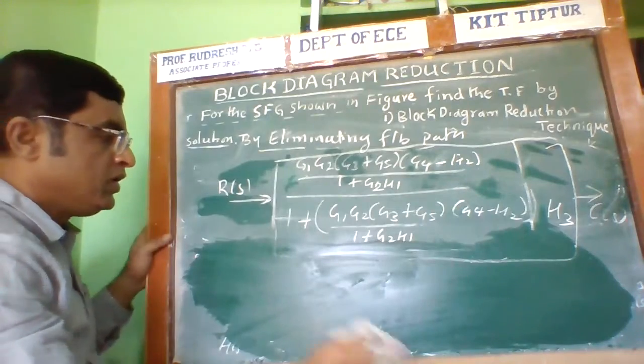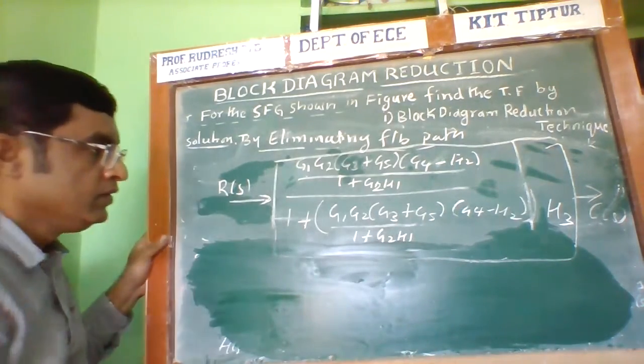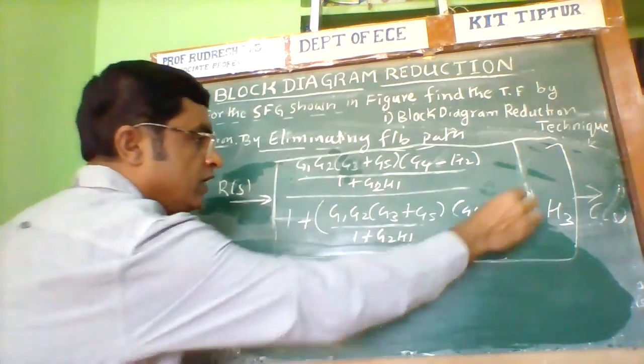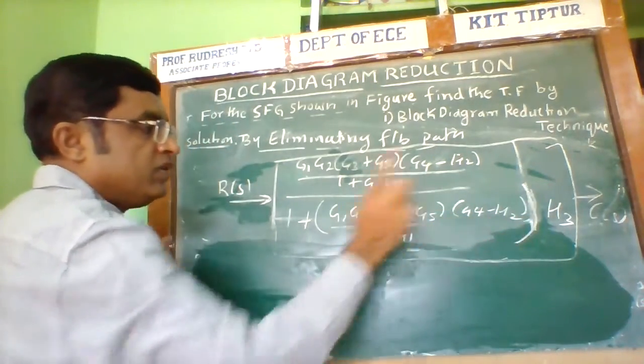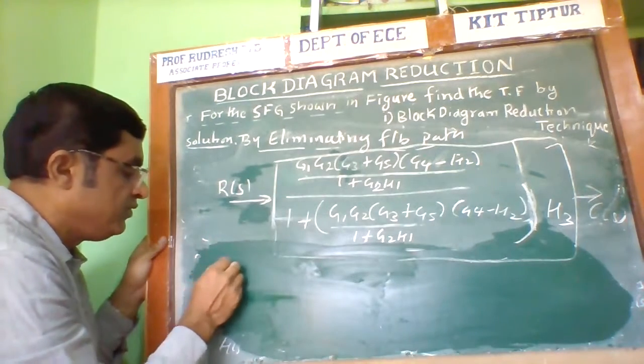So the output of the block. Now therefore we should write the entire quantity. This entire quantity must be multiplied with H3. Therefore we should simplify.